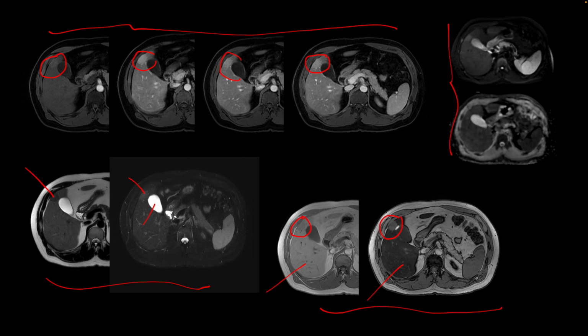There is preserved signal on out of phase images, and there is no restricted diffusion. This focus is a focus of focal fat sparing. So the rest of the liver is infiltrated with fat, but this round focus is spared from fat infiltration. It's important to recognize these findings and not to call them pathologic and send them for biopsy.